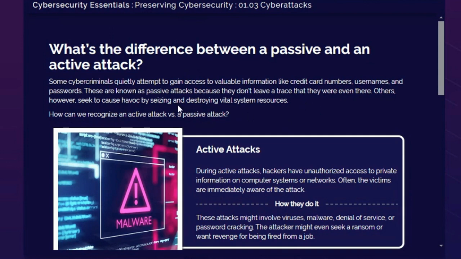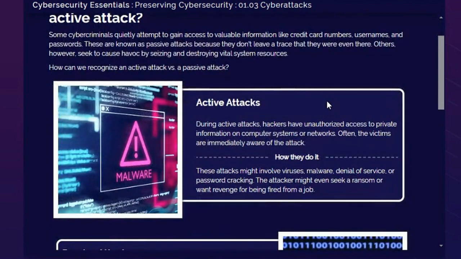Others, however, seek to cause havoc by seizing and destroying vital system resources. So, how do we recognize an active versus a passive attack? During active attacks, hackers have unauthorized access to private information or computer systems or networks. Often, the victims are immediately aware of the attack.